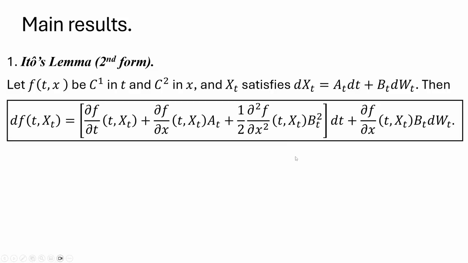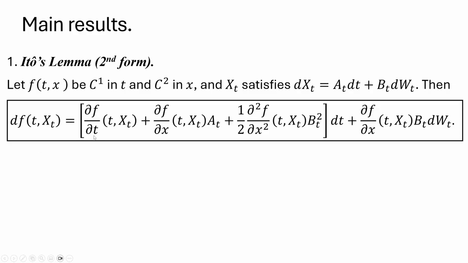And then we have this rather complicated looking formula, but the idea is quite straightforward. We have a process X_t. We define a new process by applying a deterministic transformation to the process X_t. We wish to express its differential.